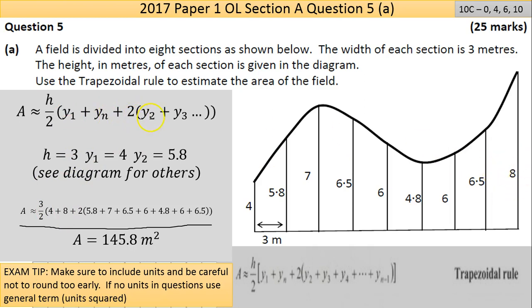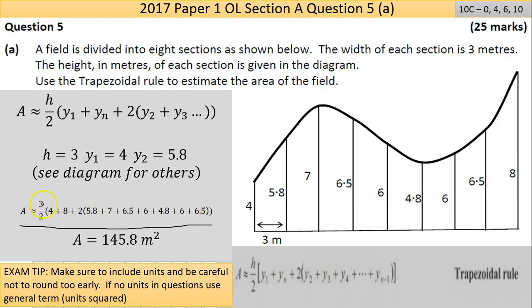Then you have twice all the other values: twice 5.8, twice 7, twice 6.5, twice 6, twice 4.8, twice 6 again, twice 6.5. You stop there because you have already accounted for the last in the beginning of the formula. And you close your brackets.